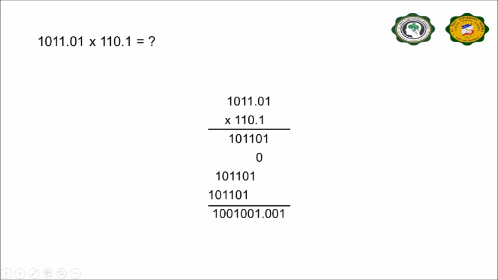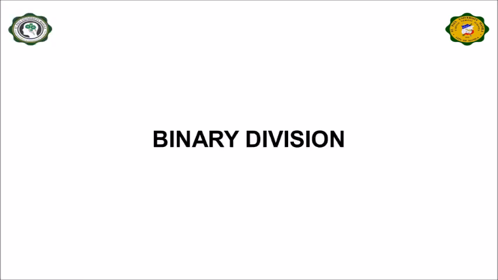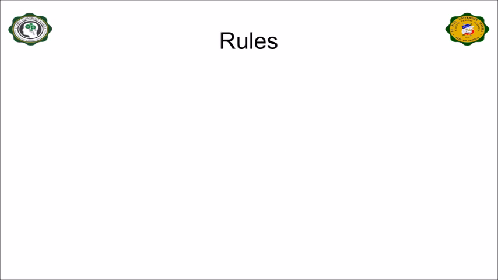Next, 1 plus 1 is equal to 0, then 0 plus 0 is equal to 0. Then, 1 plus 1 is equal to 0. Then we will just carry down the other one. So the answer for this equation is 1001001.001.